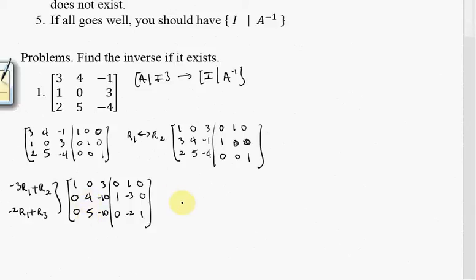So here, negative times row 2 plus row 3.